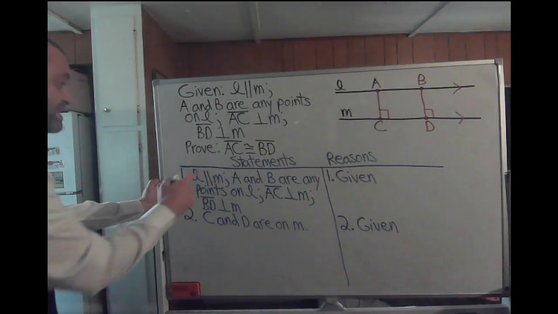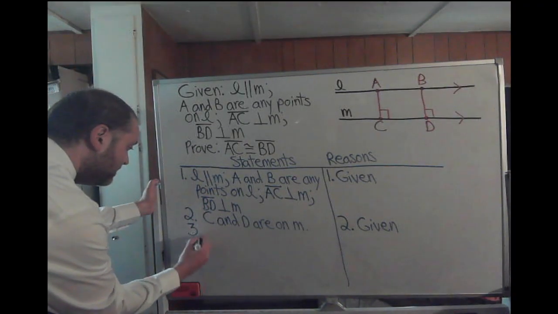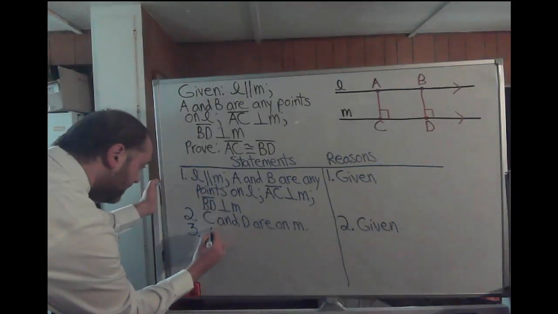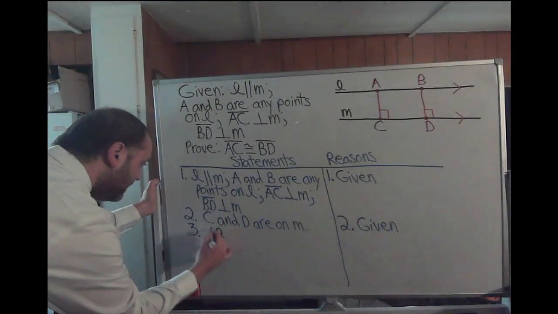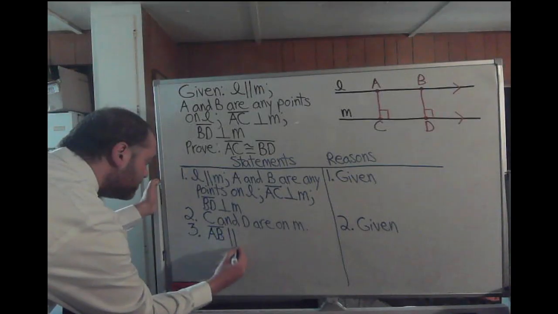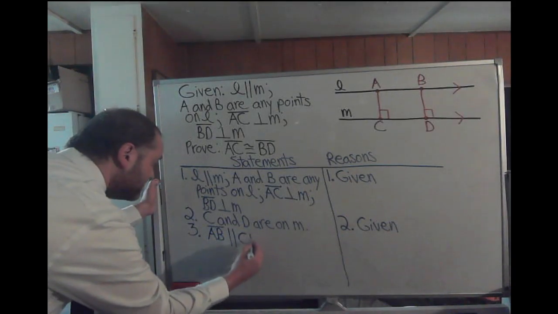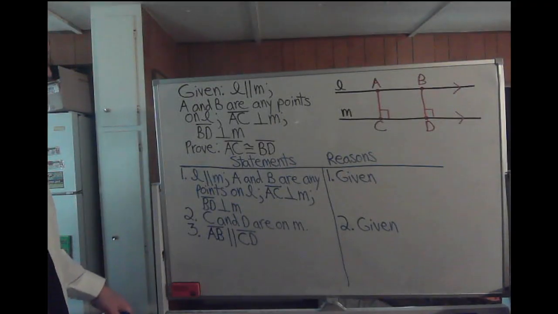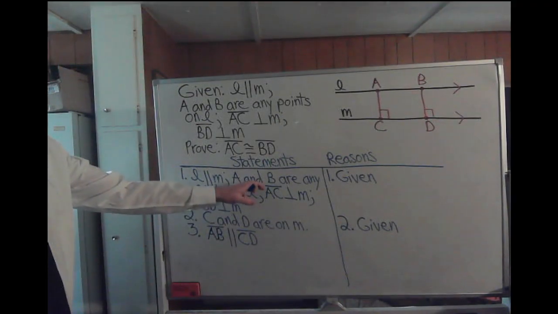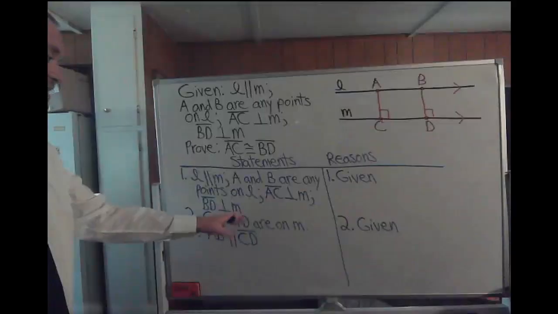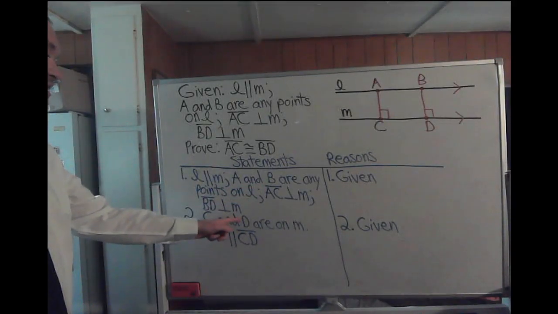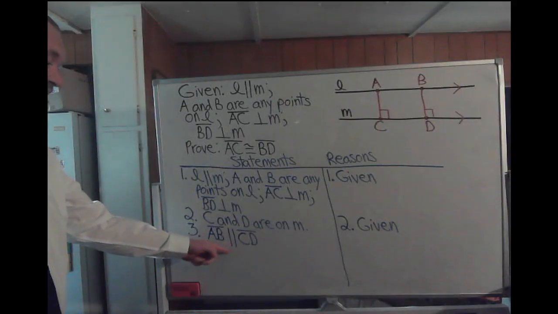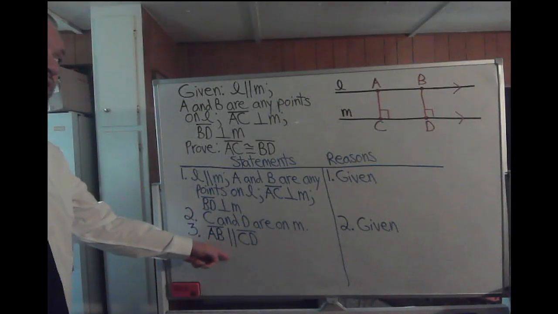Well, by extension, if L is parallel to M, that would have to mean that line segment AB is parallel to line segment CD. But what would be the reasoning? Because if A and B are on line L, C and D are on M, while L's parallel to M, that would have to mean that line segment AB is parallel to CD.